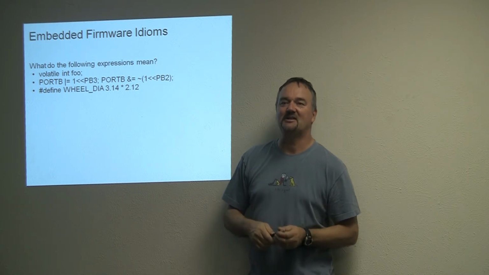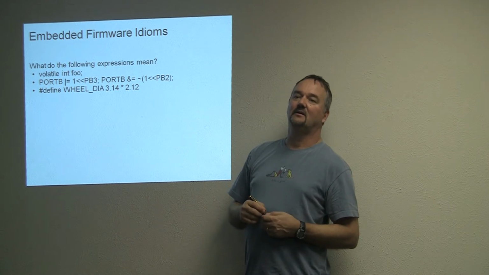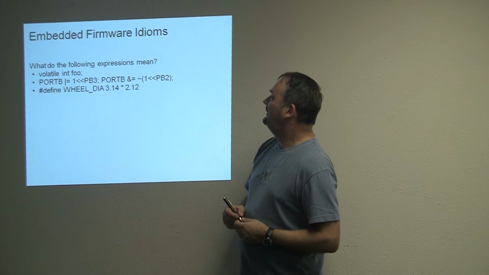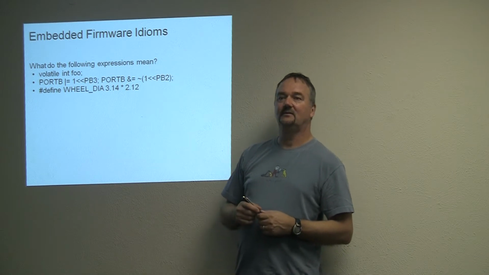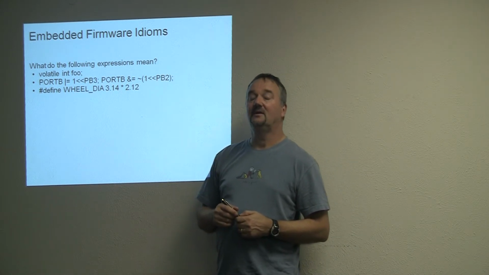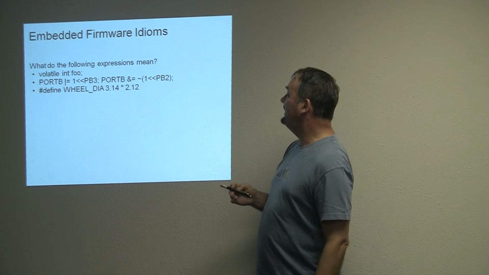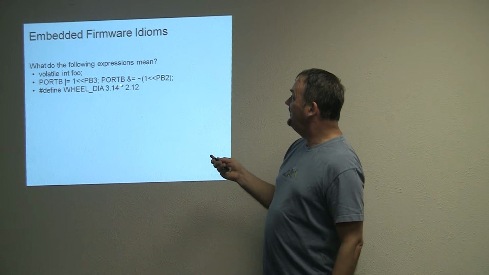You don't want to use magic numbers. Even more clear would be to use the next idiom, which is a #define. You could have a #define that encapsulated the name, like left sensor, right sensor, and use that. Yeah, that would be even better.